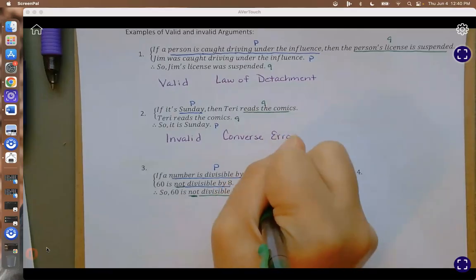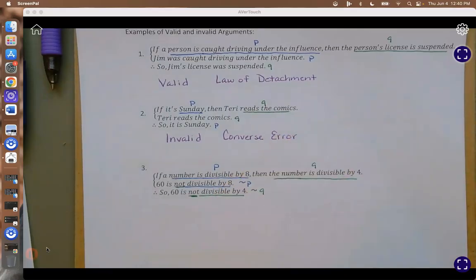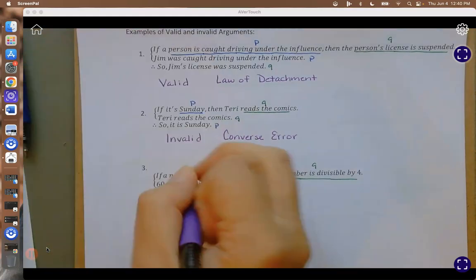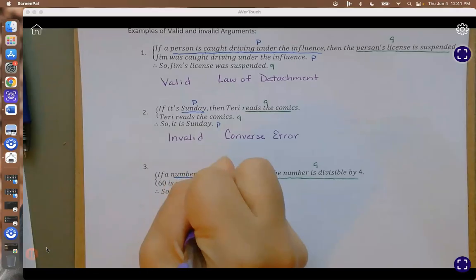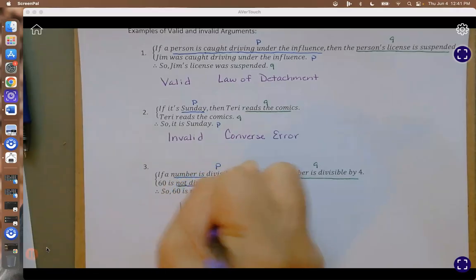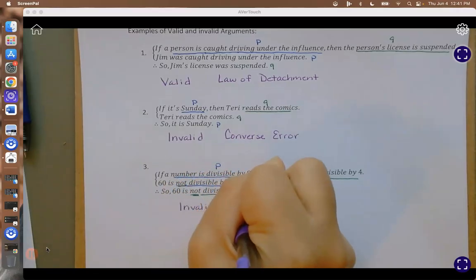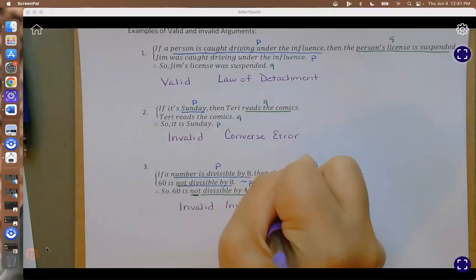So this is not Q. So you look and you see that it is invalid, and that is an inverse error.